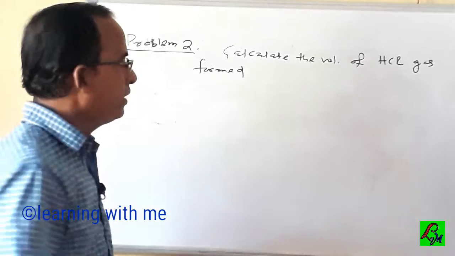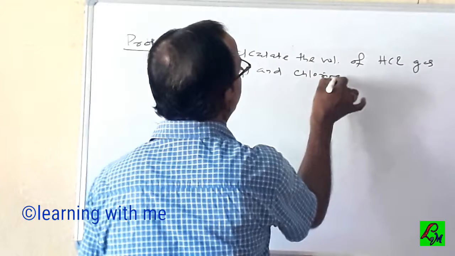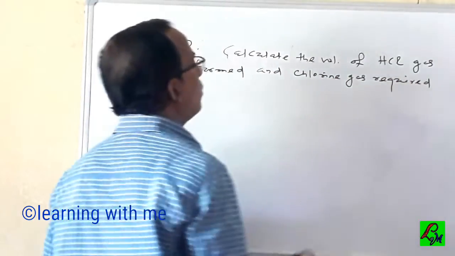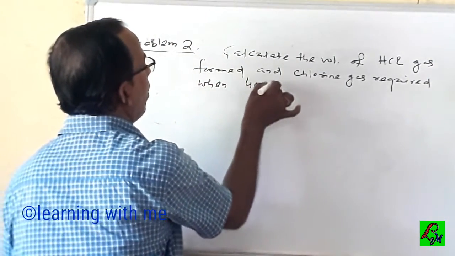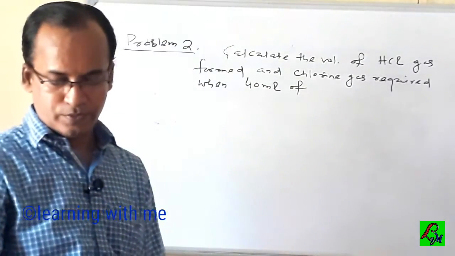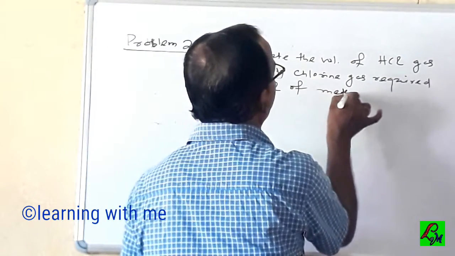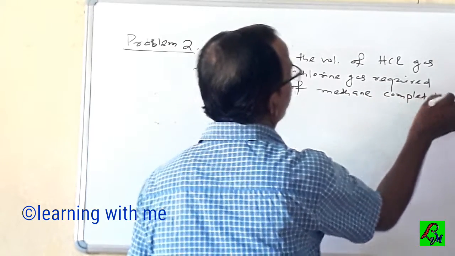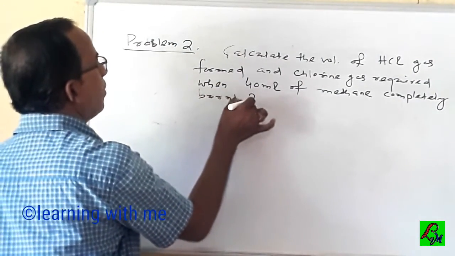Calculate the volume of HCl gas formed and chlorine gas required when 40 ml of methane is completely burnt.